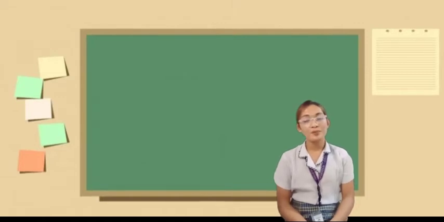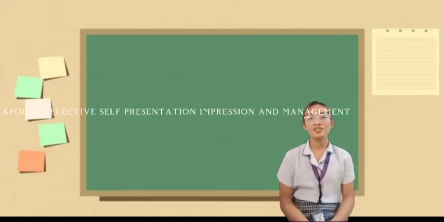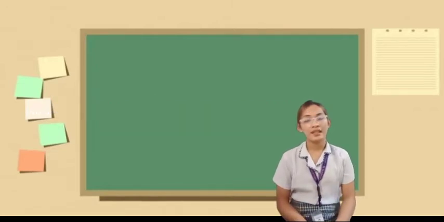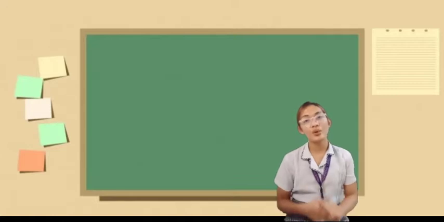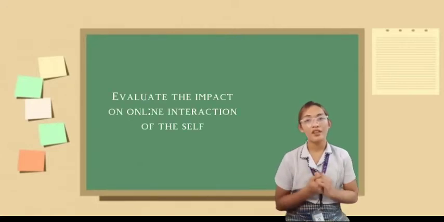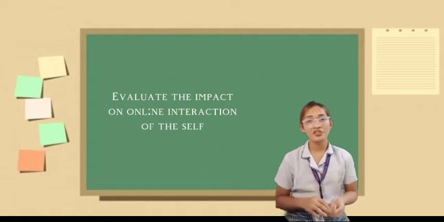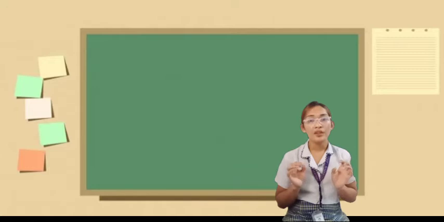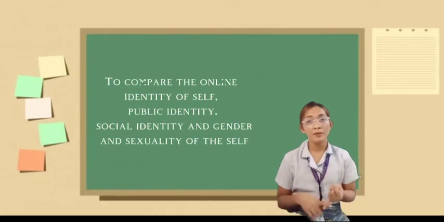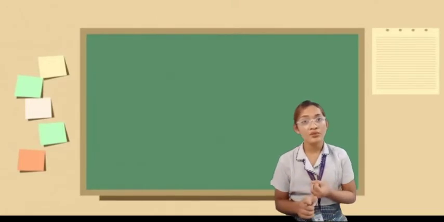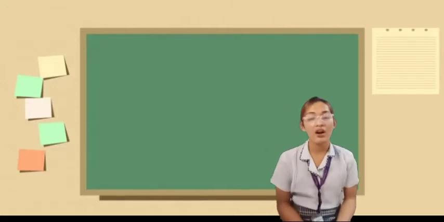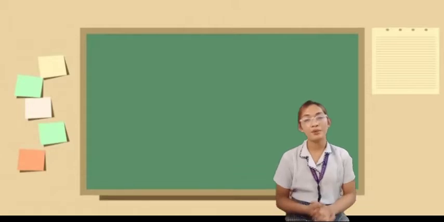Second, expand on selective self-presentation and impression management. Third, evaluate the impact of online interactions on the self. And lastly, compare the online identity of self, public and personal, social identity, and gender and sexuality online with different people and perspectives.